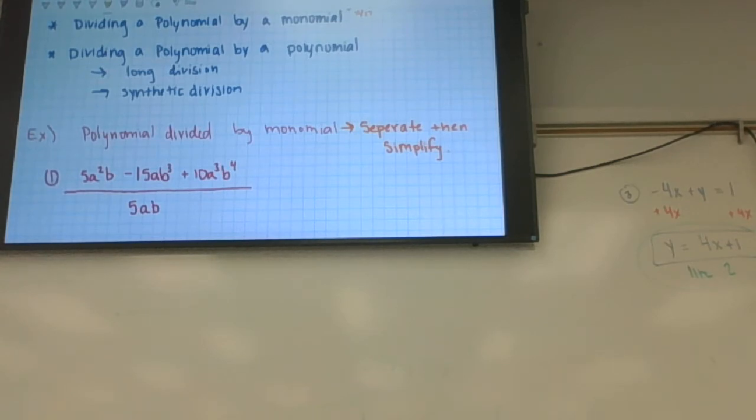Separate this. This is good for fraction practice anyway. Do 5a squared b over the denominator, minus 9 over the denominator.